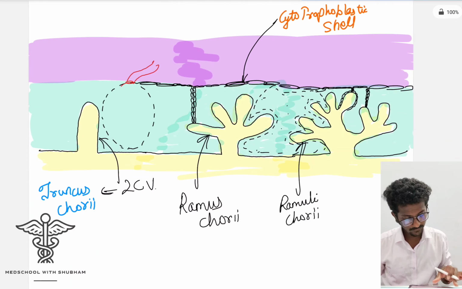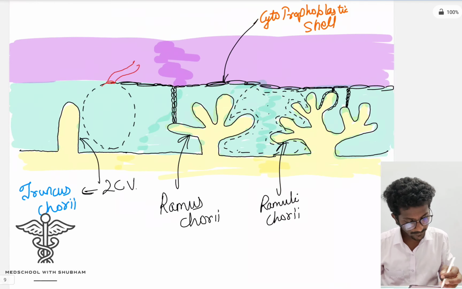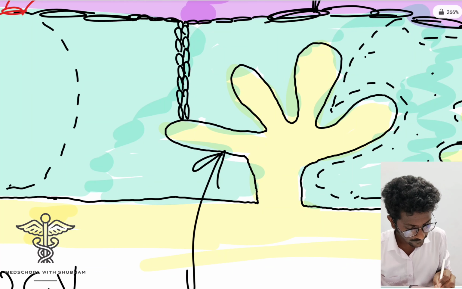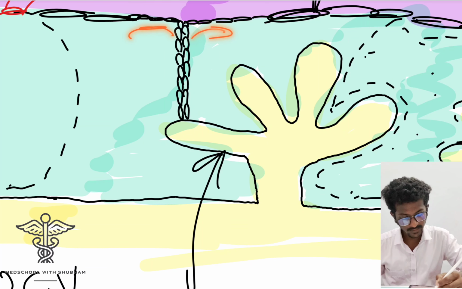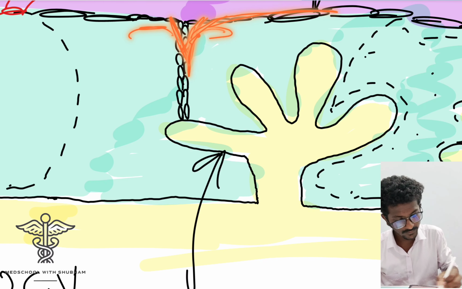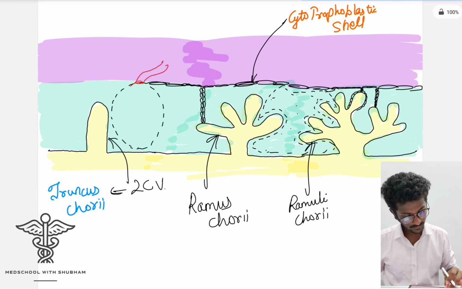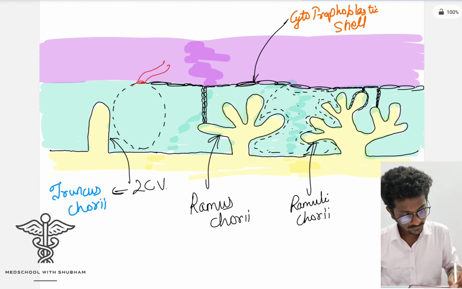Now we will get a structure in this manner. Because of this separation, this will move in this direction and this will also move in this direction, and a separation can be seen in this way. So now we can see the formation.